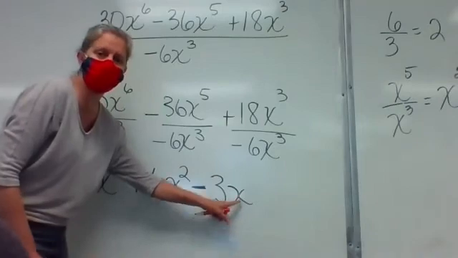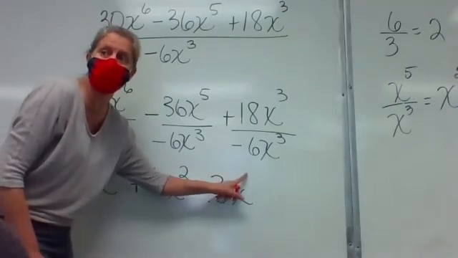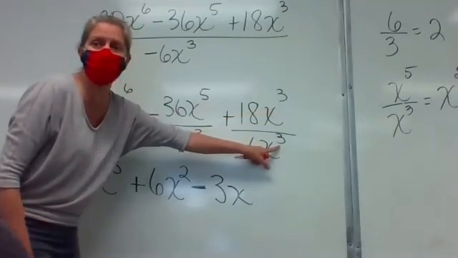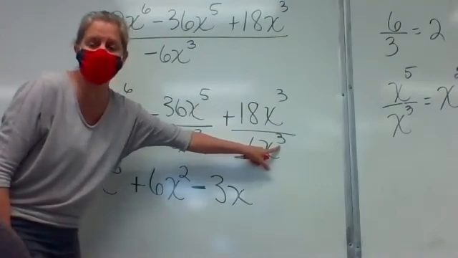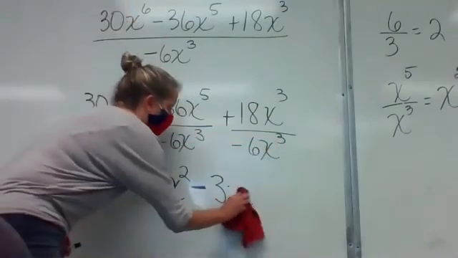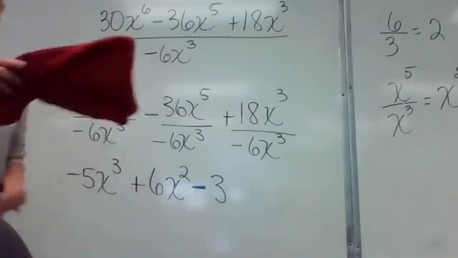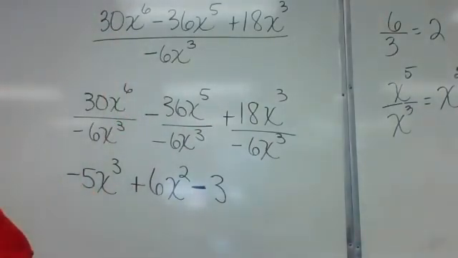That means you have x to the first power, right? 3 minus 3 is not 1. You don't have any x left. So that's why it's just minus 3 at the end right there. All right, 2 more. Number 3.